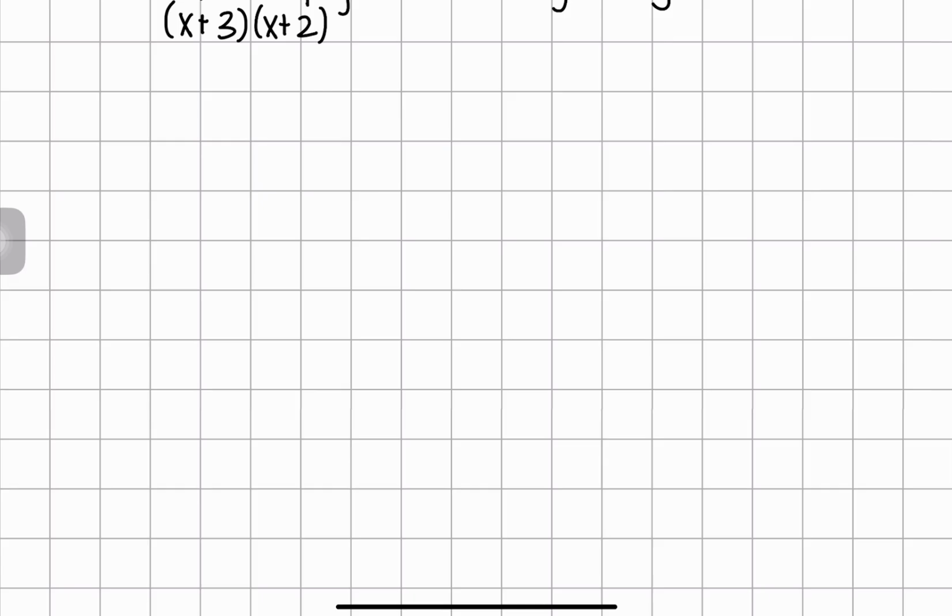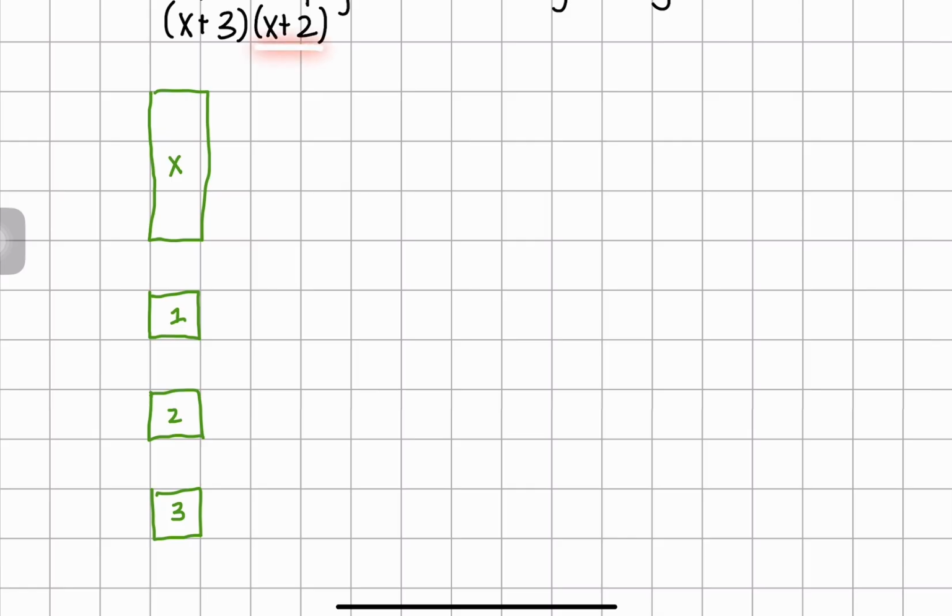Okay, so I'm going to show you the steps on how to do this in case you got a little stuck. So first we're going to work with this x plus 3. So first I'm going to draw out my x area tile, and then I'm going to work with the plus 3. So I have 1, 2, and 3.